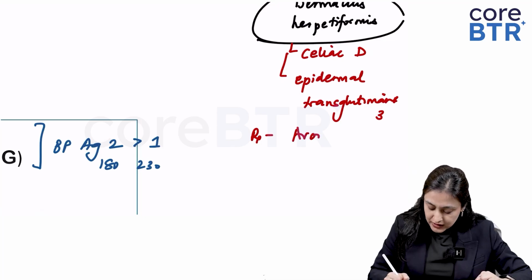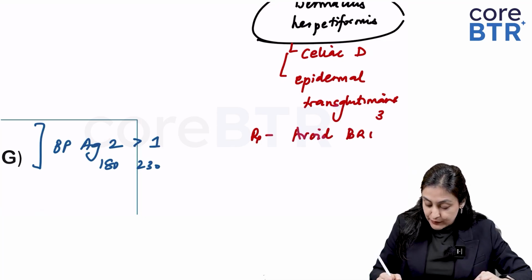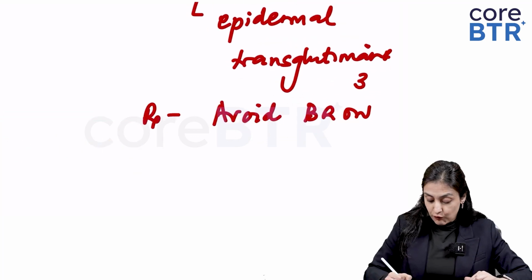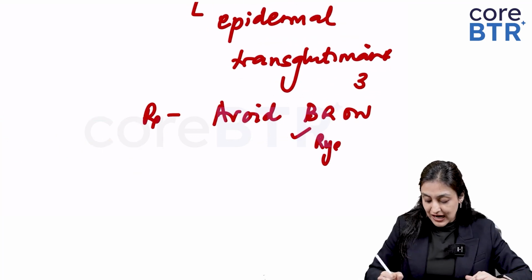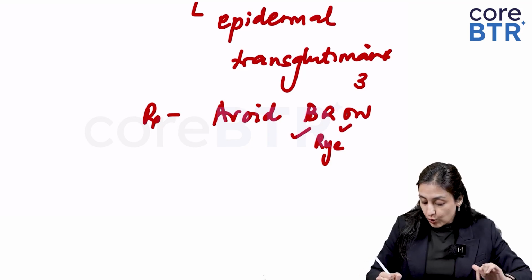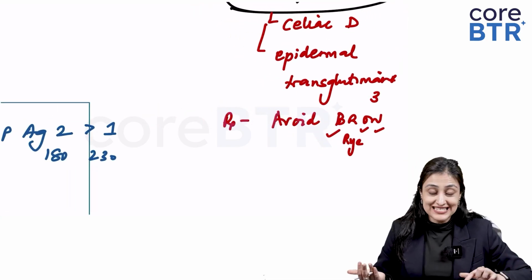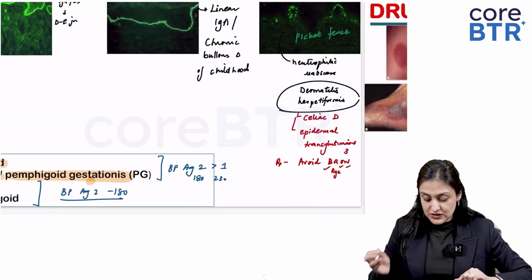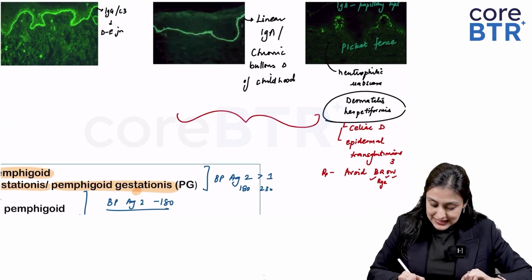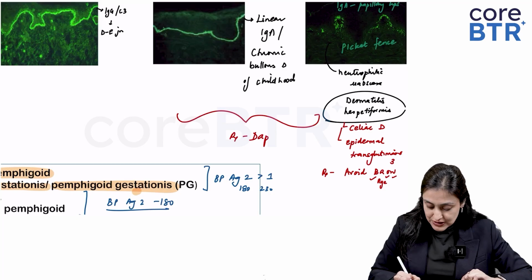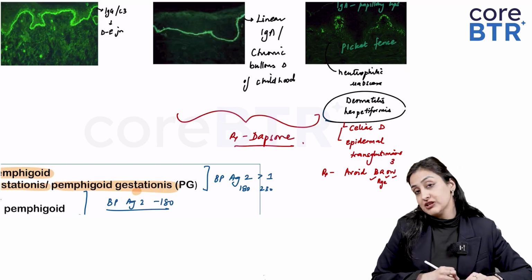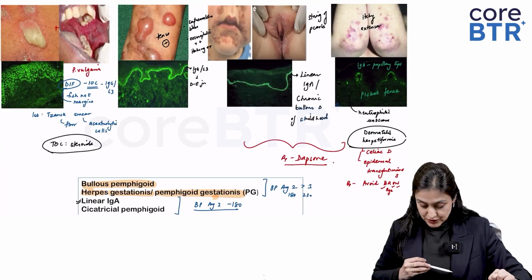You avoid gluten. So you avoid BROW. What is BROW? You avoid barley. Just remember, R is not rice, it's rye, oats and wheat, right? So this is what you have to avoid in cereal for these patients. Apart from that, wherever you see IgA, you can treat it using dapsone, right? So the treatment is dapsone for these two.